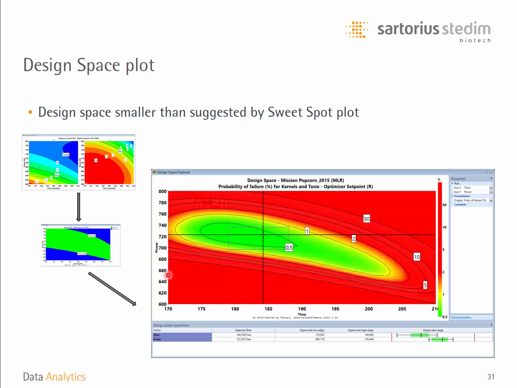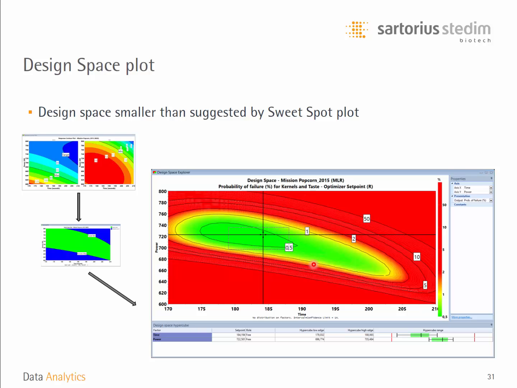In the design space plot, we have considered a number of different uncertainties, and instead of just indicating the size of the sweet spot, we are indicating level curves corresponding to the probability of failure. What is the risk of failing to comply with the specifications for kernel and taste?